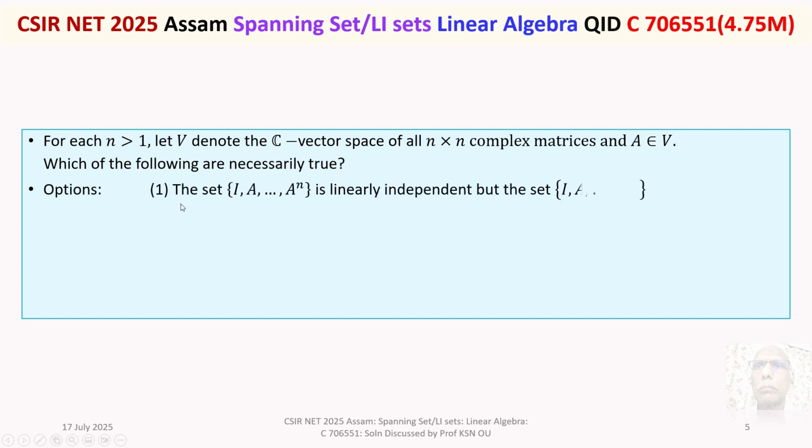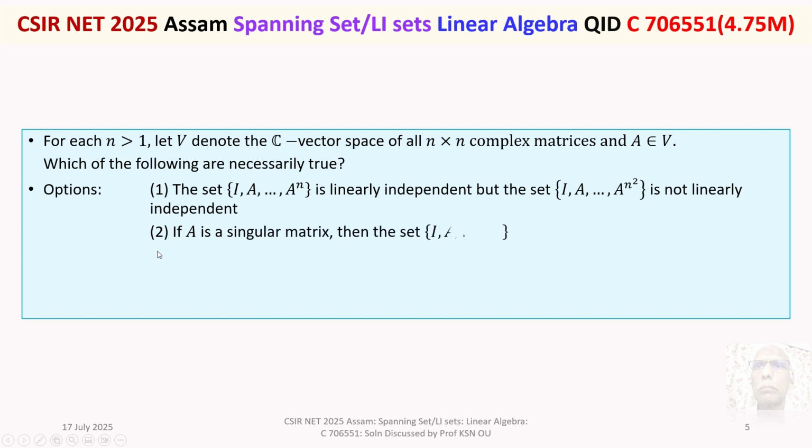Option 1, the set consisting of I, A, etc., A power n is linearly independent, but the set consisting of I, A, etc., A to the power of n square is not linearly independent.